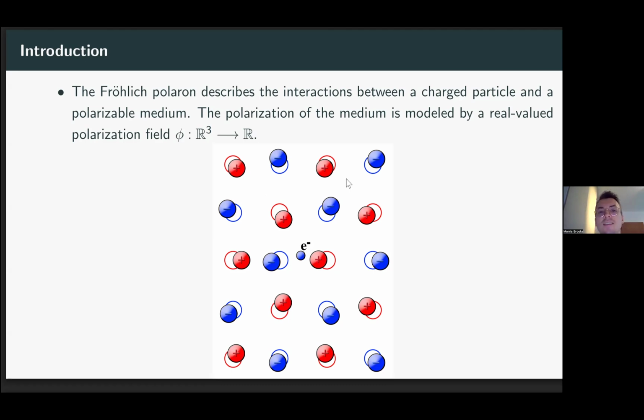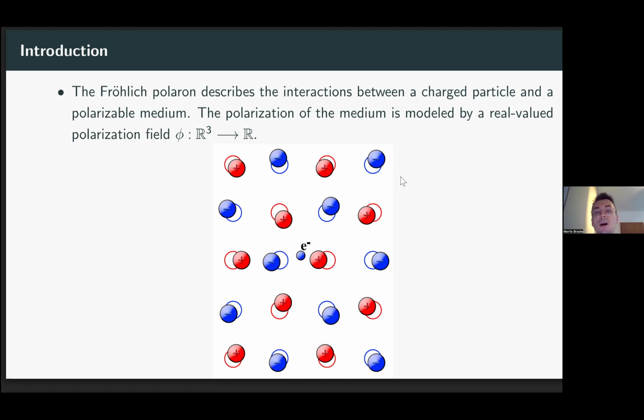And one of the other approximations we made is that the polarization field is real valued, so I only measure the amount of displacement. But if we think about a dipole, it doesn't only have a strength, it also has a direction. But let's forget about the direction. This is just to do some simplifications.